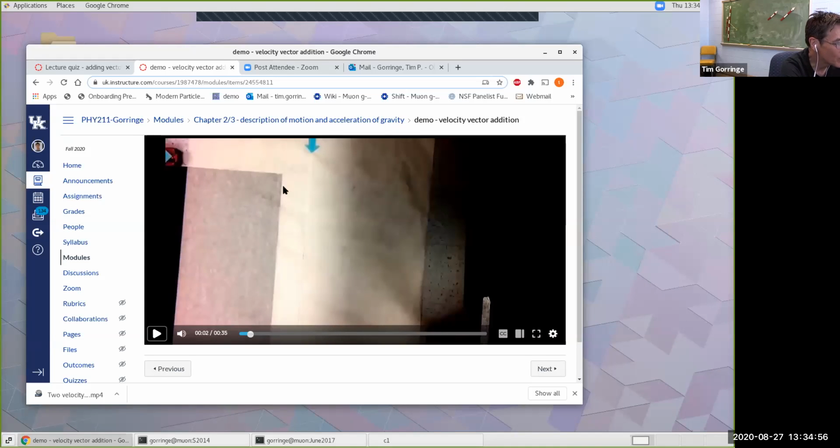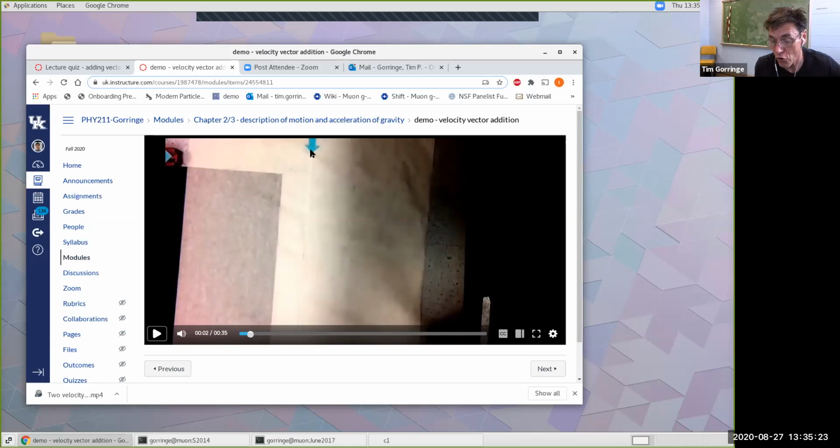And that toy truck's going to be set in motion. So that's a velocity vector. It's going to be moving over a sheet of paper. And this white region here is actually a sheet of paper on the floor. And so the other motion that's going to happen is the motion of the sheet of paper, I'm going to pull the sheet of paper.